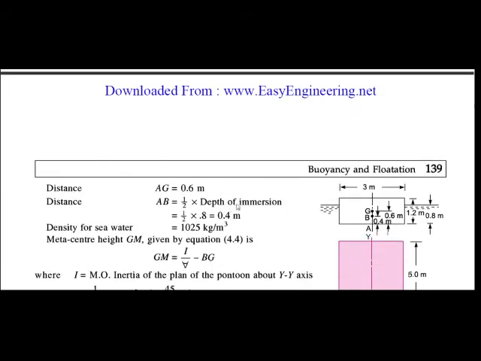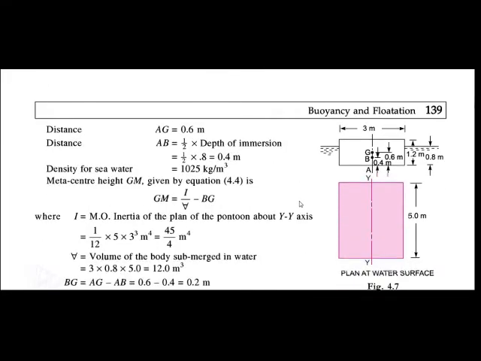So here is the figure showing the dimensions. The width is 3 meter, height is 1.2 meter, and length is 5 meter. Also they have given that the depth of immersion is 0.8. So here I am showing the height 0.8. Now to show the position of the center of gravity and the center of buoyancy.